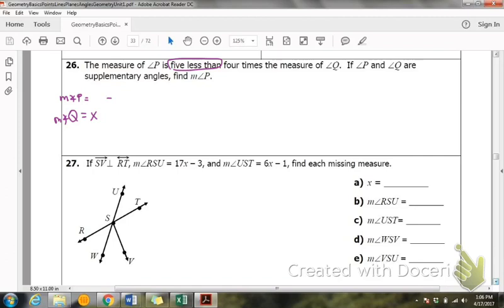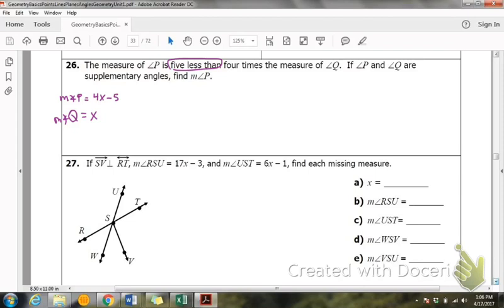We're going to put something minus 5. When you see that word than, less than, that means the 5 goes after something. 5 less than 4 times the measure of Q. Well, how much did we say Q was? x. So what would 4 times that be? 4x. Okay? So we're going to put 4x.